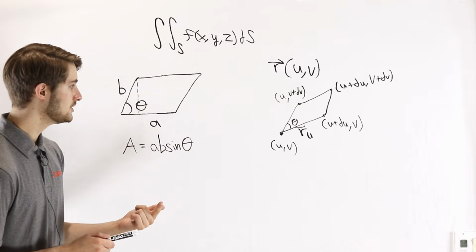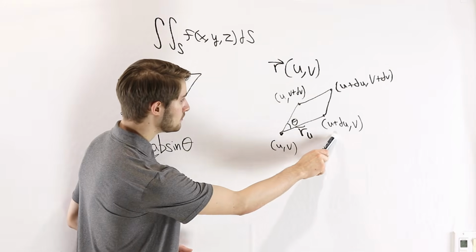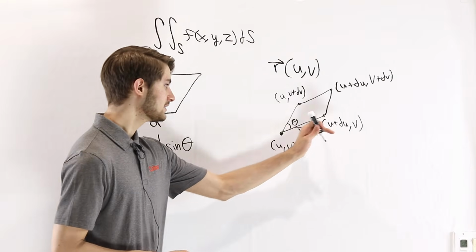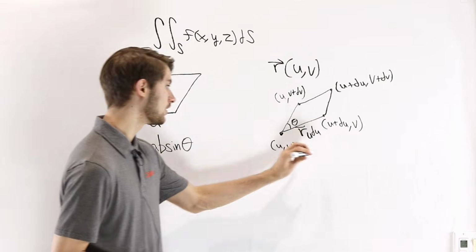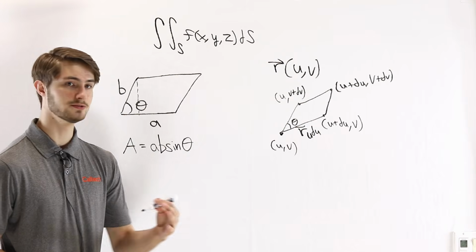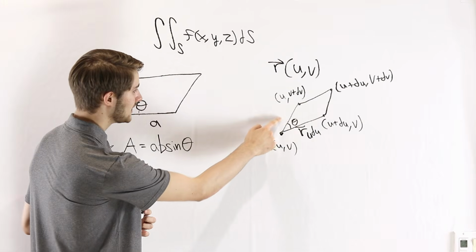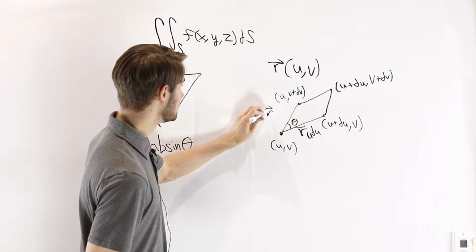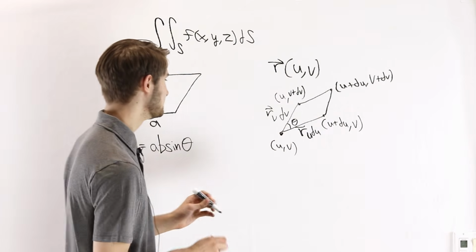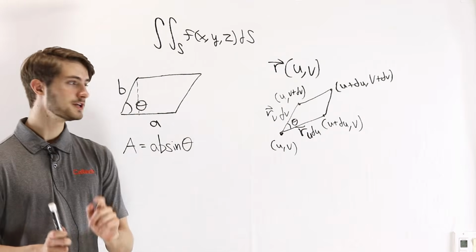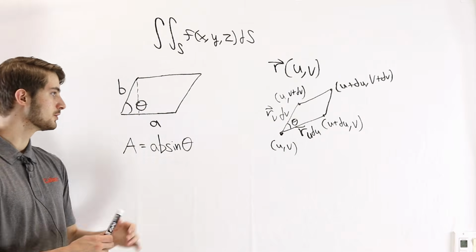And if we want that change in terms of a small movement du, the length of this side is going to be r sub u times du. Similarly, the side length up here is going to be r sub v times dv. And from here, we can start plugging things into this formula.